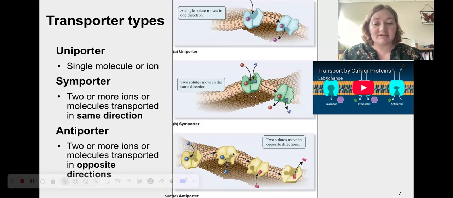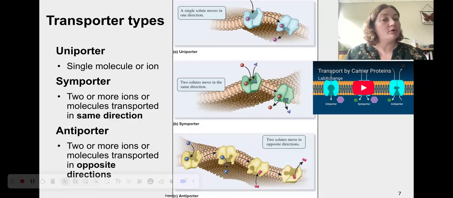But now this transmembrane protein is going to stay open to that side until a different molecule binds to the hydrophilic pocket, in this case a red rectangle molecule here. Then it will change shape and release the rectangle in the opposite direction. Right? So antiporter, two or more molecules, but they're going in different directions.